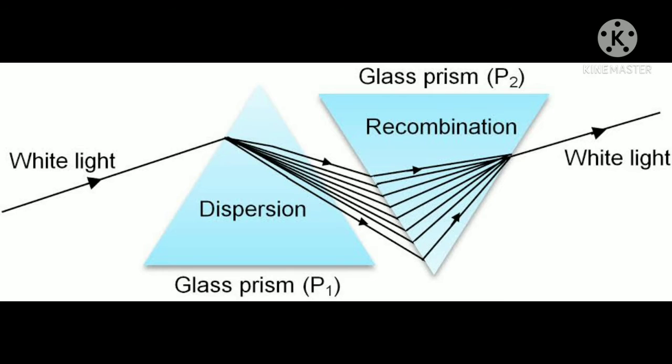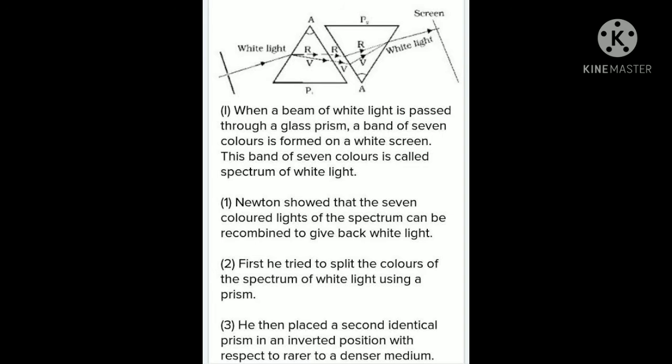Can you see here, white light, then dispersion is formed, and then from the rarer to the denser medium, another glass prism P2 is kept in the inverted position. He found that a beam of white light emerges from the other side of the second prism.